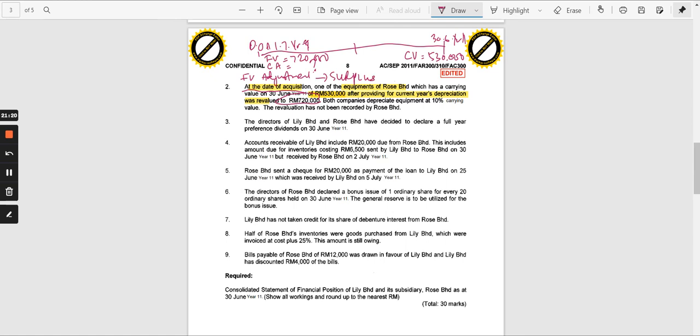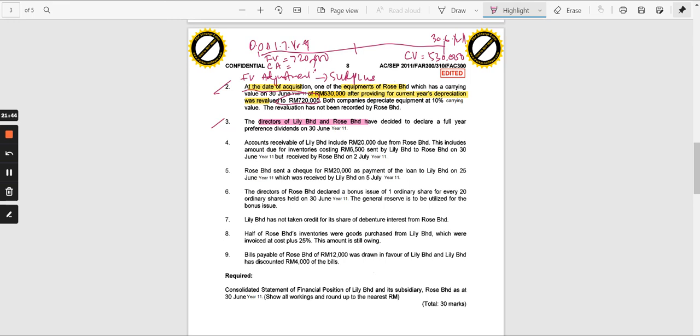The second one is on declaration of dividend. So dividend here, you are informed that the directors of Lily and Rose, meaning that both the subsidiary and the parent company, are declaring the dividend.